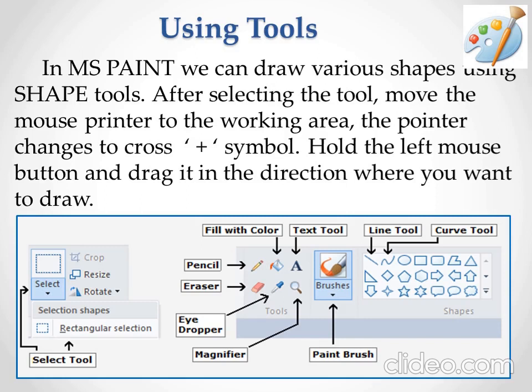Without releasing your left mouse button, drag it nicely in the direction wherever you want to draw, whether you want to make it small or big, and then release. What will happen? Whatever you have selected will appear. Okay, so that is fill color, pencil, eraser, text tool, brush, line, and curve tool. So we'll all learn one by one what these are.